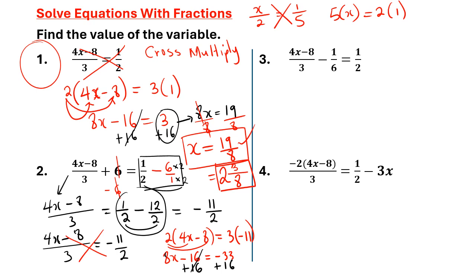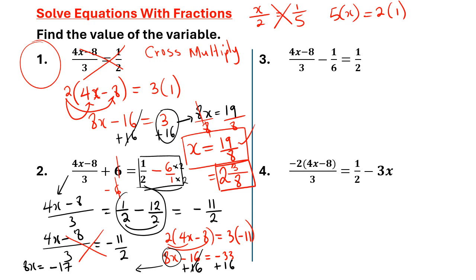So if we do it right, let me go backwards and find more room to do that. So I'm just going to write 8x over here, equal to -33 plus 16 will be -17. All right, so -17.